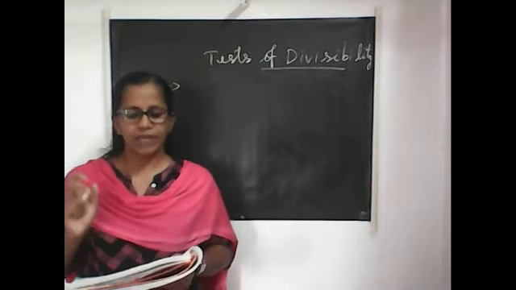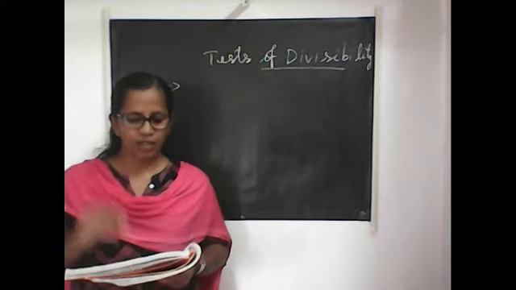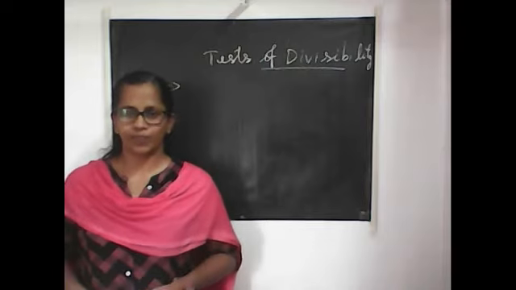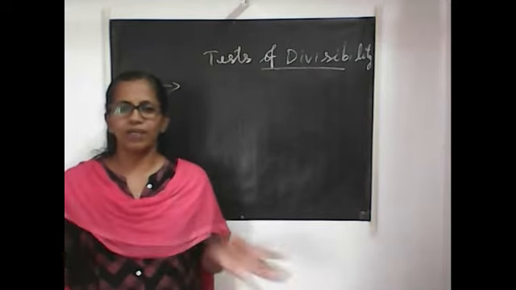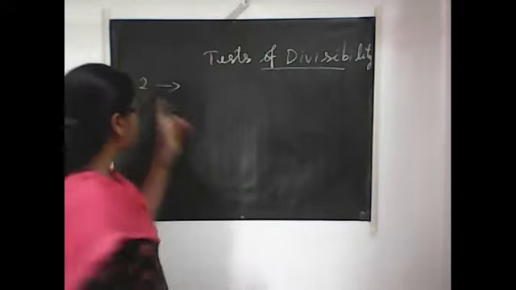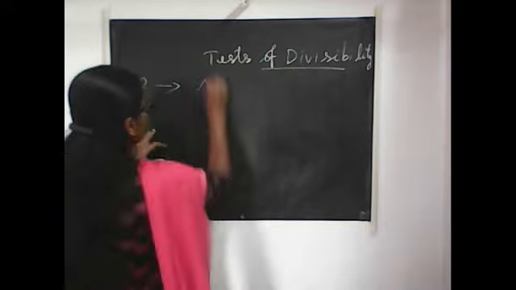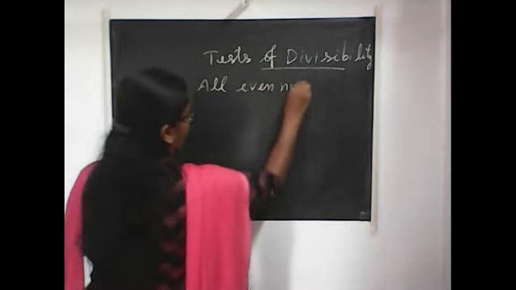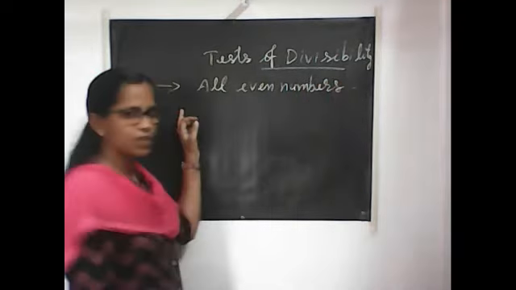First one, divisibility by 2. The condition is that all even numbers are divisible by 2. The divisibility test of 2 says that all even numbers can be divided by 2.